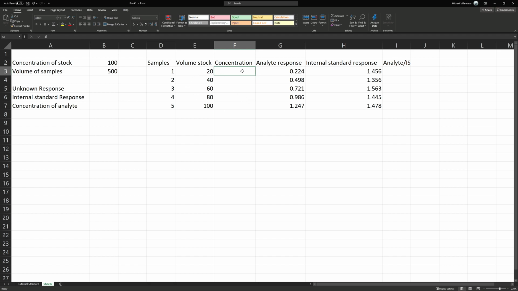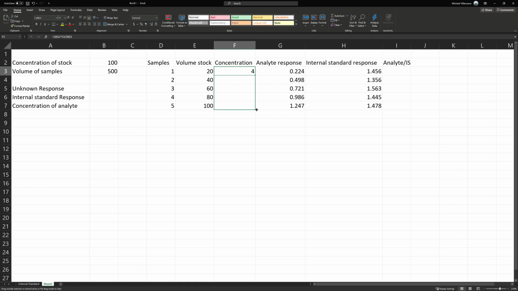So this is going to be set equal to the same exact formula that we used before: our initial concentration multiplied by the volume we're going to carry over, and then we divide it by the volume of the samples. I want to note that we should use dollar signs there and dollar signs here. Enter.